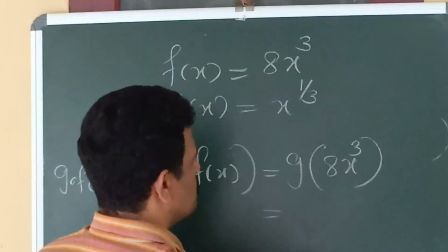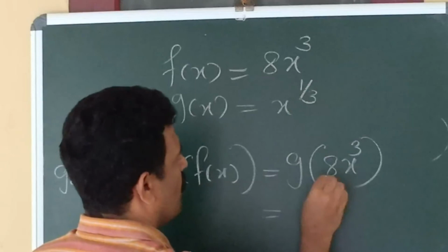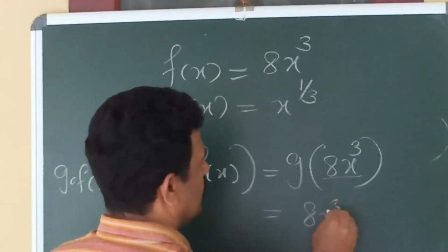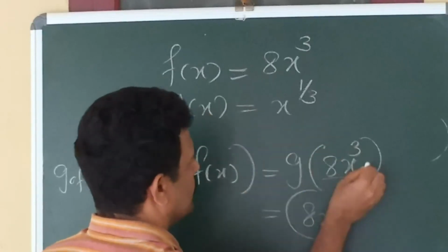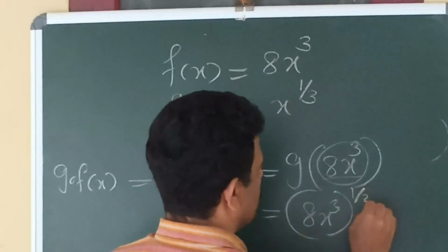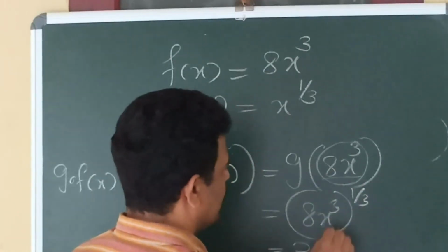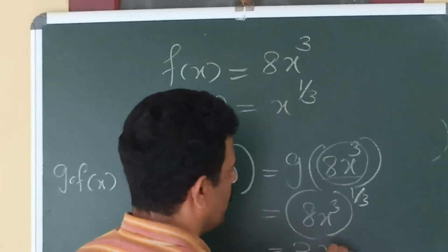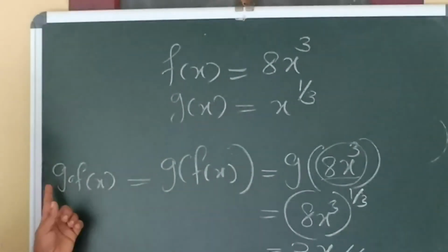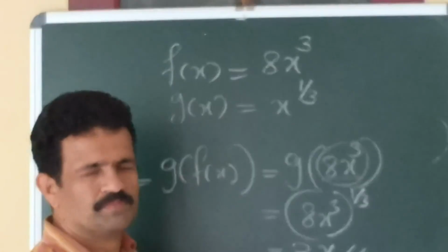G of x means x raised to 1 by 3. Instead of x I am taking 8x cube raised to 1 by 3. That is 8 raised to 1 by 3 means 2. X cube raised to 1 by 3 is equal to x. Therefore the answer is 2x. So g dot f of x is equal to 2x.